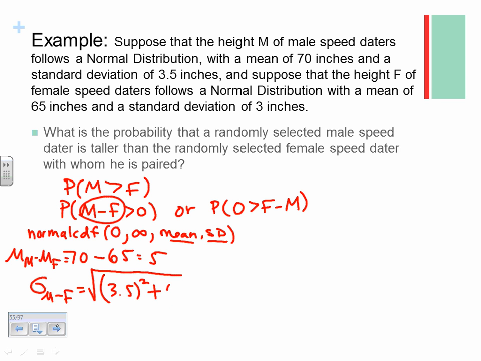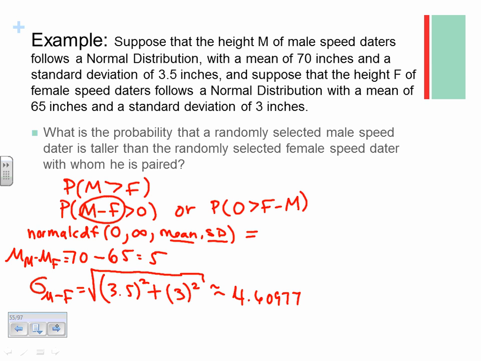Plus the female's standard deviation squared. So even though our event was subtraction, standard deviation is always addition. And that's about 4.60977. So now you can put those into your calculator for the normal CDF.